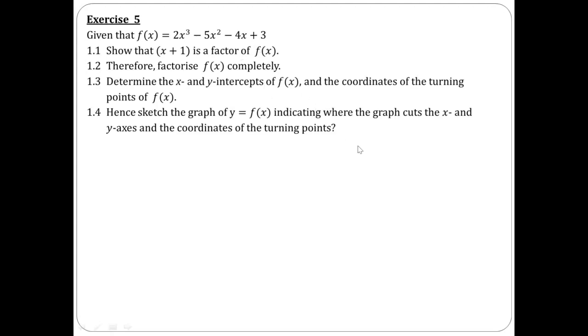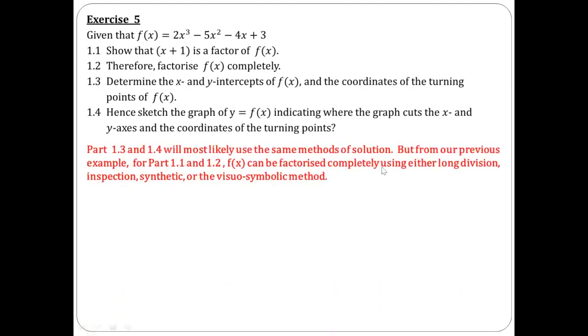Again, in this exercise, we are going to discuss it. But I'm going to ask two of you to volunteer and come and show some of the solution methods. Parts 1.3 and 1.4 will most likely use the same method of solution as you saw in the previous example.